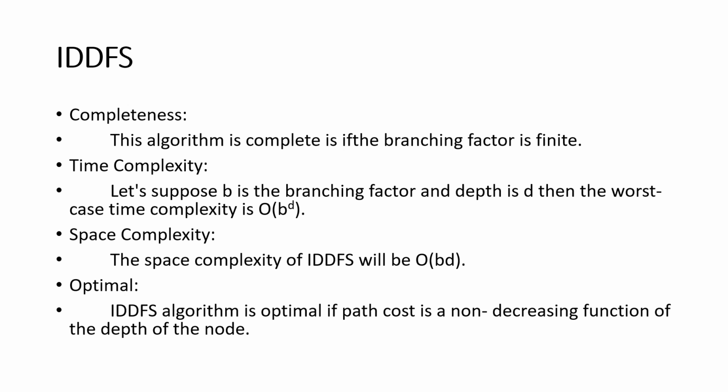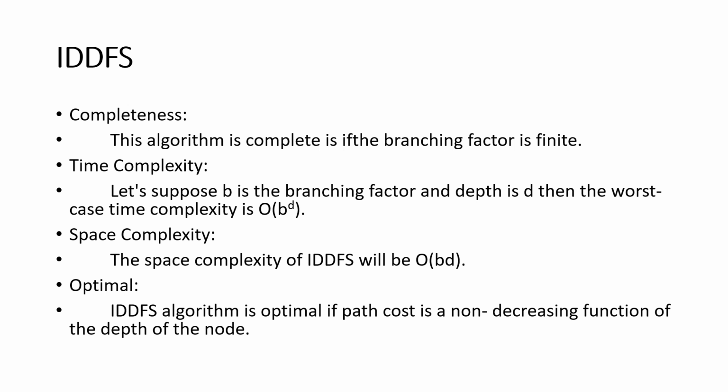Next, we will see space complexity. Space complexity will be big O of b into d. That means IDDFS stores only the nodes along the current search path and their siblings, making it memory efficient. So it has the property of DFS. Then the next property, optimality: IDDFS is optimal when the path cost is a non-decreasing function of the depth.